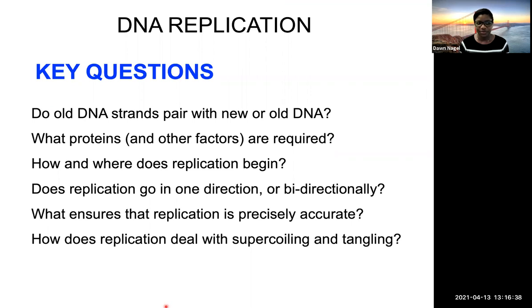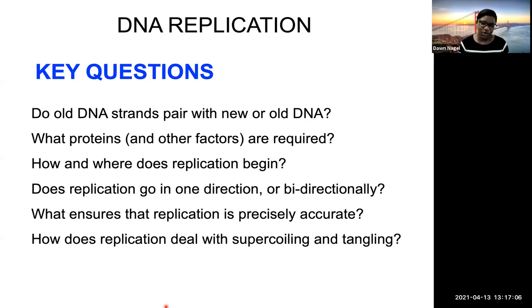Some of the questions to think about as we go through this next half of the lecture on DNA replication: do the old DNA strands pair with the new or the old DNA? How is DNA replicated? What are some of the important proteins that are involved and required? How does the cell know where to begin DNA replication? Do you just randomly start replicating a piece of DNA for no reason?